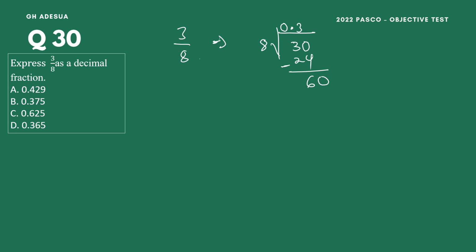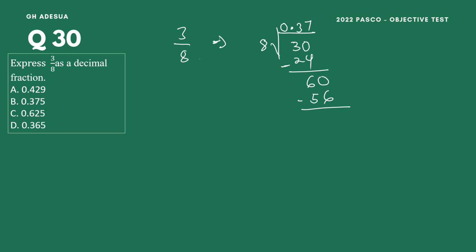Now, for 8 going into 60, that will be 7 times, because 8 times 7 is 56.